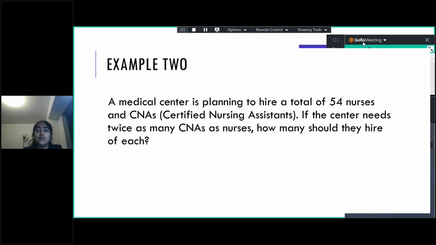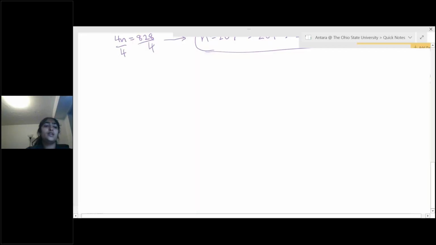So we're going to try to work this out. This is a little bit more of a word problem since it's more related to real life in a way. So here, example number 2, we want to define a variable.